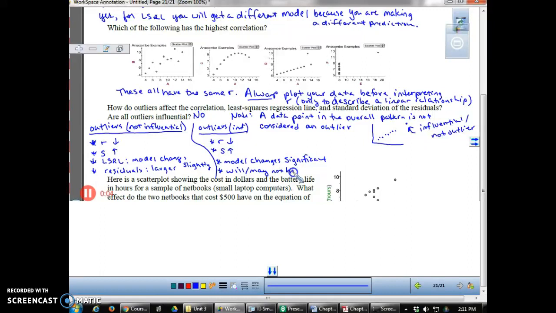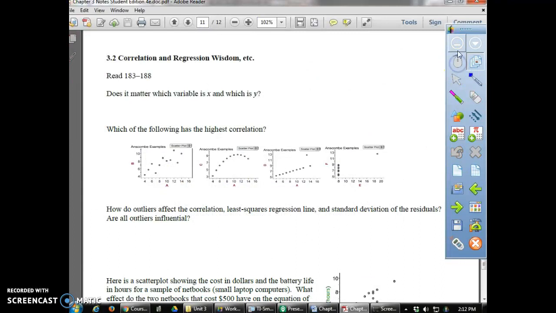Because if it pulls the model to it, then there's a good chance, for example, say my data looks something like this, and then I have a data point down here. What would have been a line that fit pretty much through the rest of the data may pull down towards it. And probably wouldn't be that close, but then it wouldn't have a very big residual, yet it drastically changes the model there. Okay, so let's continue on. I'll go down to the next little section.